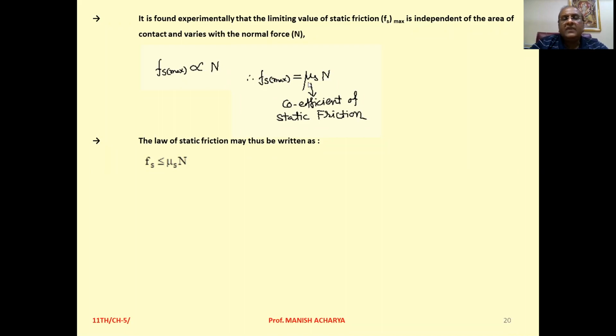Clear? So we can write the law of static friction: static friction is less than or equal to mu s into N. Maximum static friction is mu s into N, and at rest it is less than mu s into N. So it is self-adjusting.